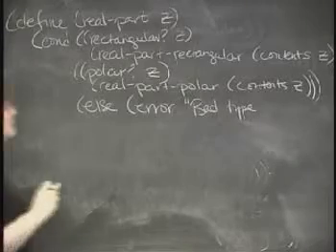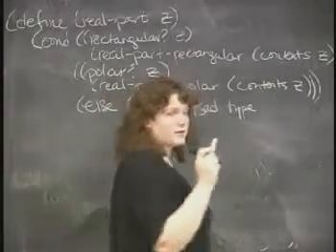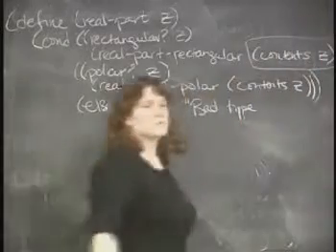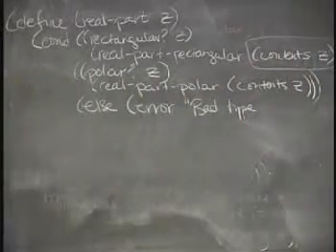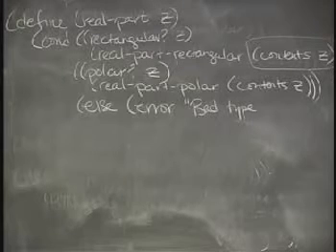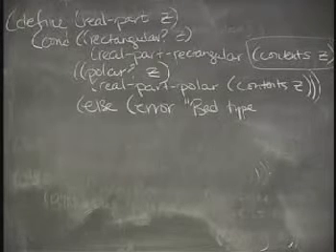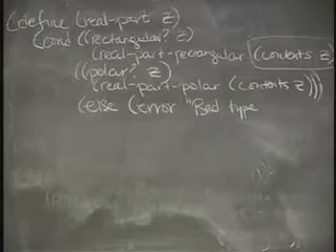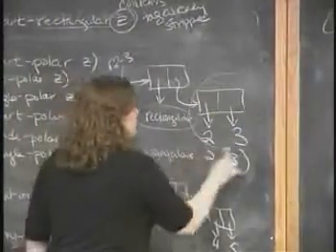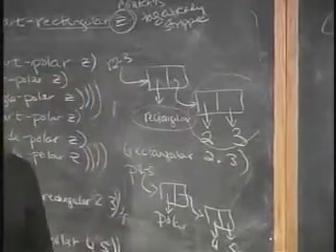Z is tagged, rather. But when we call rectangular, the reason it's not tagged is we're calling contents. And contents, if you recall, when we had written attach tag at the beginning, it cons a tag onto the contents. And then when we had type tag, that was a selector that pulled out the car of our tag structure. And contents pulled out the cdr of our tag structure.